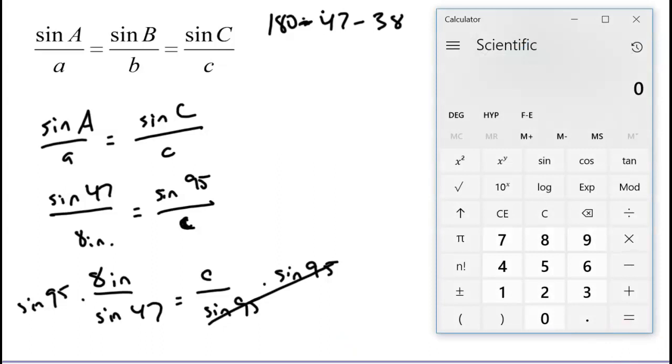Let's go ahead and figure this out. Again, my calculator may look a little different than yours.